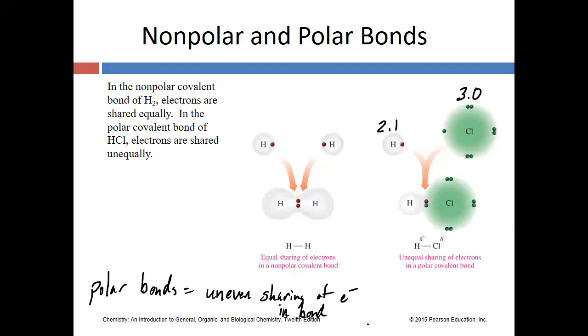I'm going to see that because the chlorine is more electronegative, it's going to pull those electrons toward itself a little bit better than the hydrogen is. And the net result is that the electrons are going to push themselves just a little bit more toward the chlorine side of the molecule than the hydrogen side.